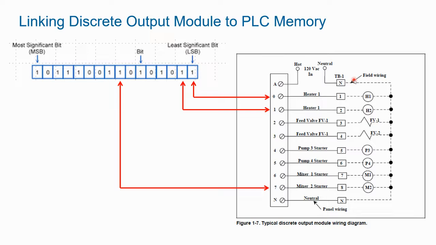So once again, mapping is important here, because when we want to turn on this heater 1, we got to make sure that we're pointing to the right bit and we're writing the value 1 to the right bit. And if I turn this bit 1 to 1, that will now tell this first output to turn on, and that will now send power to that H1 coil and energize it.